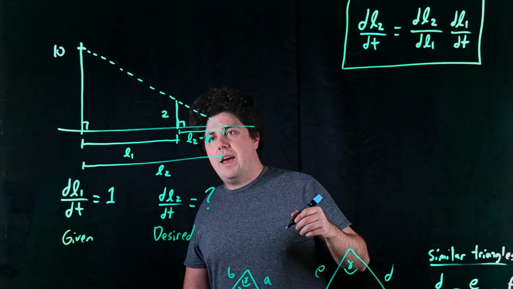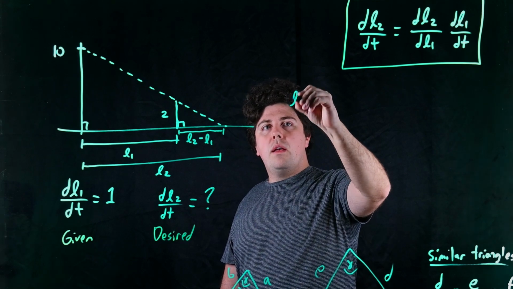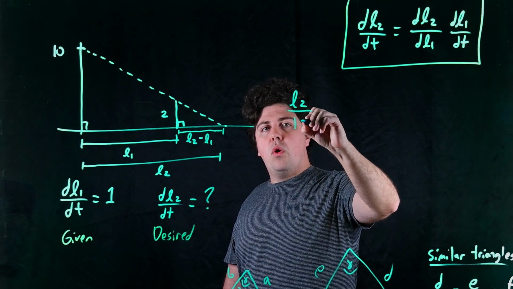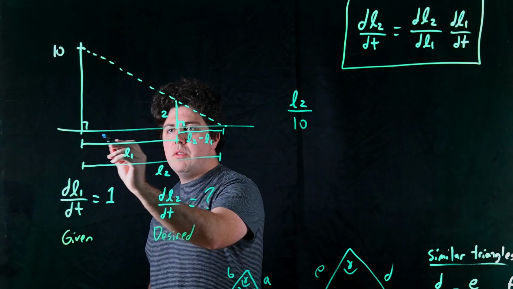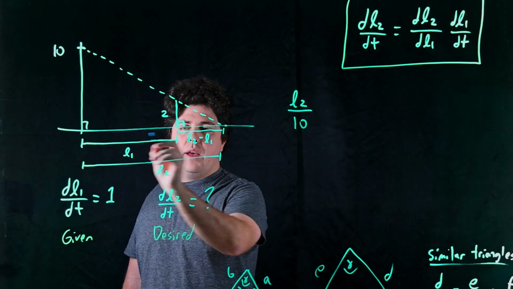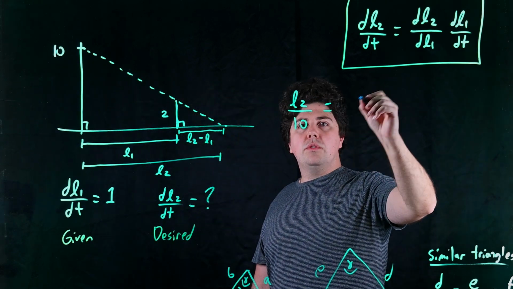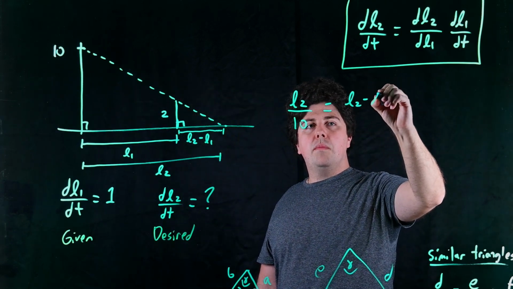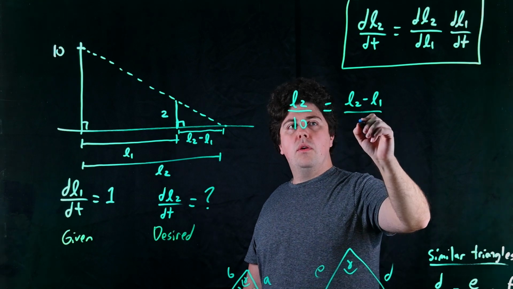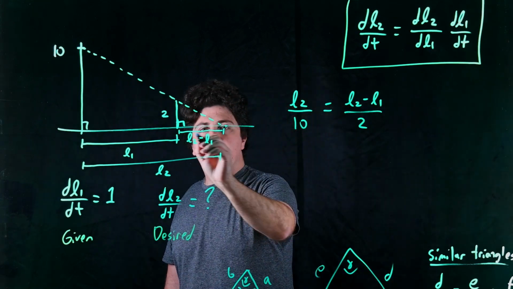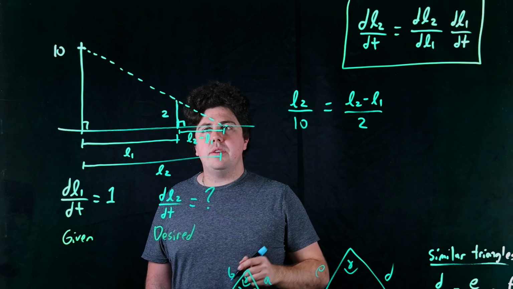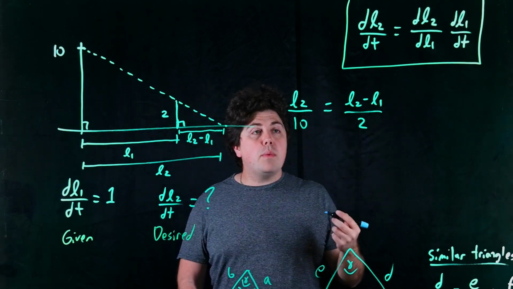It gives us that L2 over 10, the base length of the big triangle divided by the height of the big triangle, is equal to L2 minus L1 over 2, the base length of the little triangle divided by the height of the little triangle.